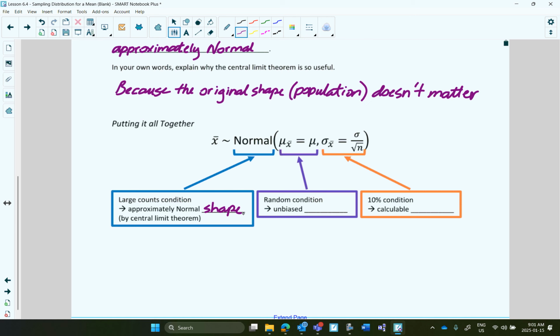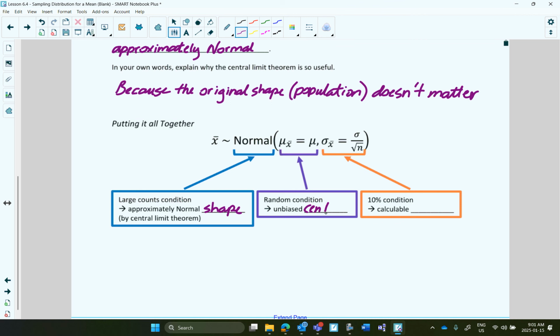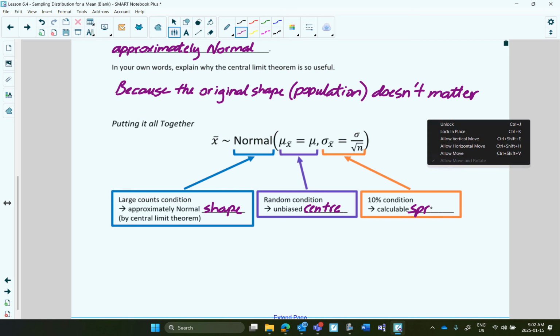Well, the mean of the sampling distribution is going to be the mean of the population, because this is an unbiased measure of this. So it allows us to state that. And it also allows us to calculate the standard deviation of the sampling distribution by taking the population standard deviation divided by the square root of the sample size. So it gives us a calculable variation or calculable spread.